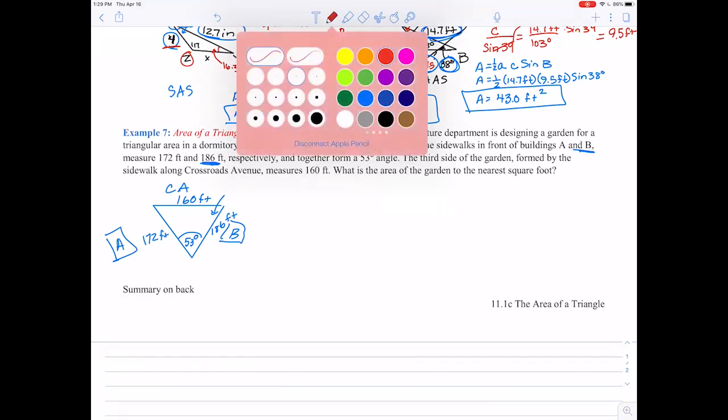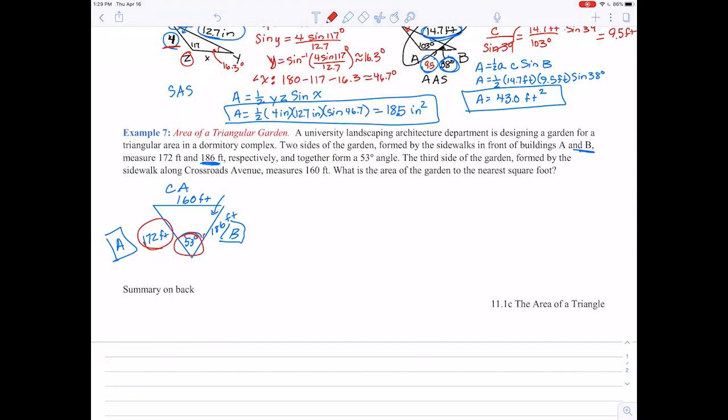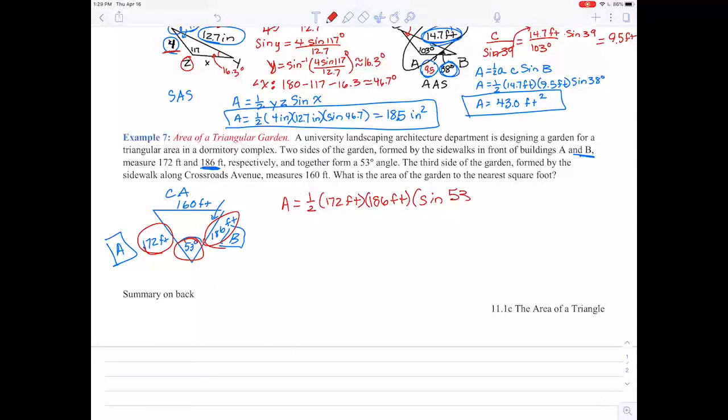Well, if you notice here, I have side, angle, side. So we probably didn't really need that other side of the garden, but that's okay. So we're just going to go ahead and say the area of this garden will be 1/2 of 172 feet times 186 feet times the sine of 53 degrees.